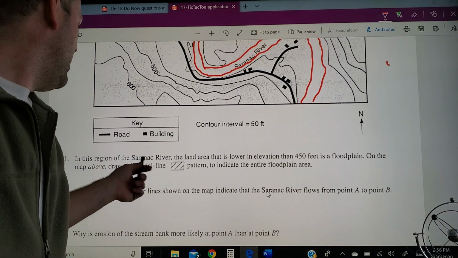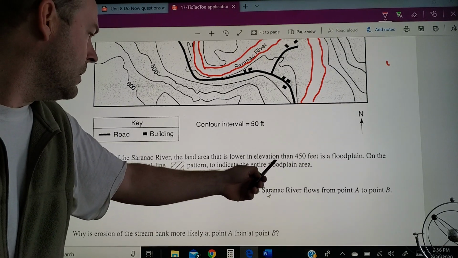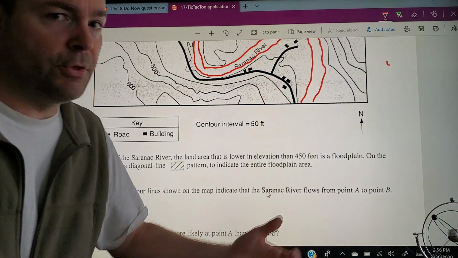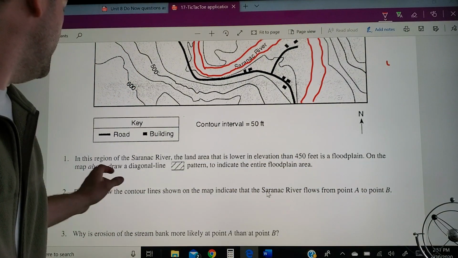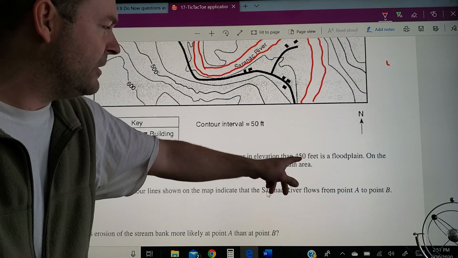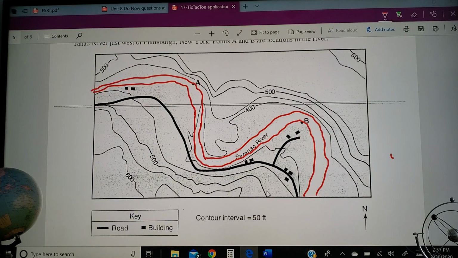In this region of the river, the land area that is lower in elevation than 450 feet is a floodplain. Okay, that means it's near the river. Probably don't want to buy a house in a floodplain, folks. Wants you to draw in the area to indicate the entire floodplain. Well, that's 450 and below. Look at the interval of the map. The interval is 50 feet. So every line changes by 50 feet. I'm going to shade in the floodplain here.